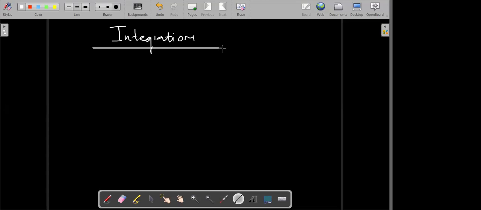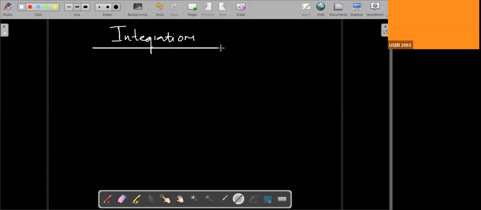Okay. Integrations. So you know the differentiations, okay, you can just write within brackets the reverse differentiation.